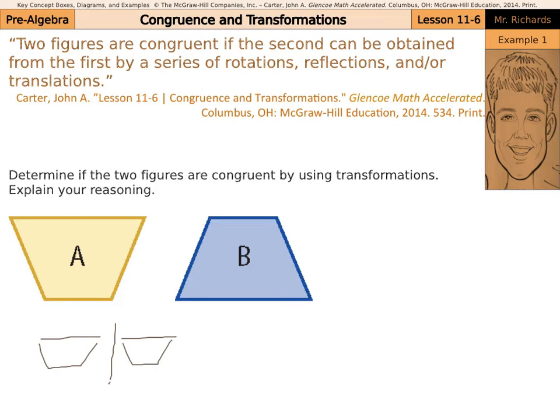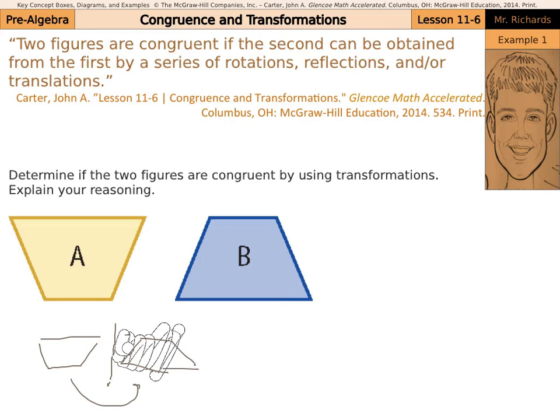That's still not like object B. But what if I rotated A around a certain point? What would that look like? Well, if I were to rotate this, it would look something like this. And that's in the same orientation now, the same direction as B.